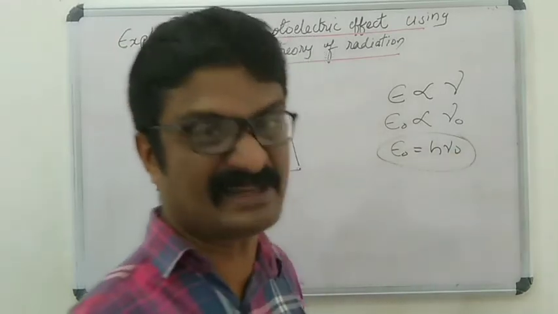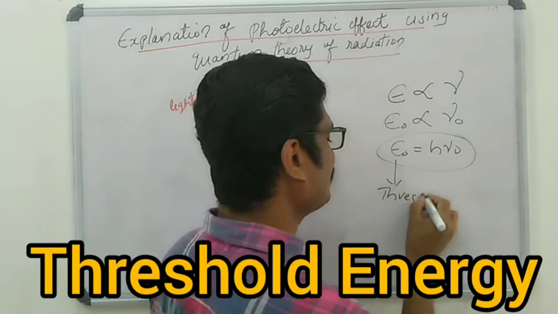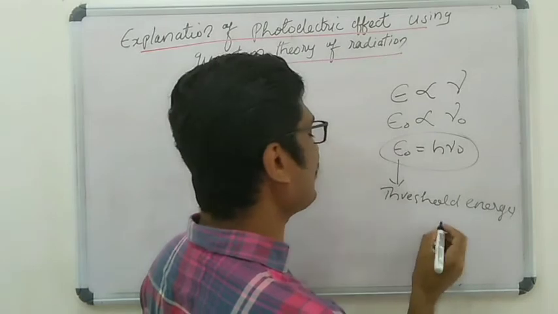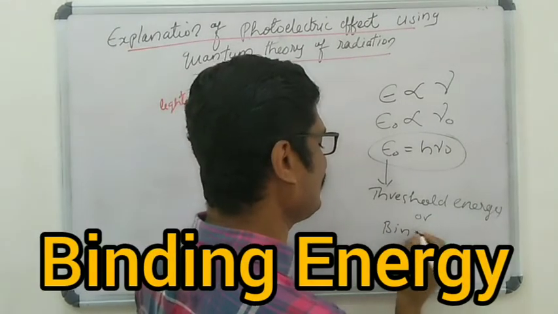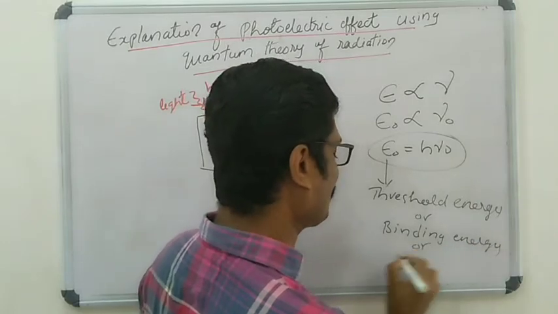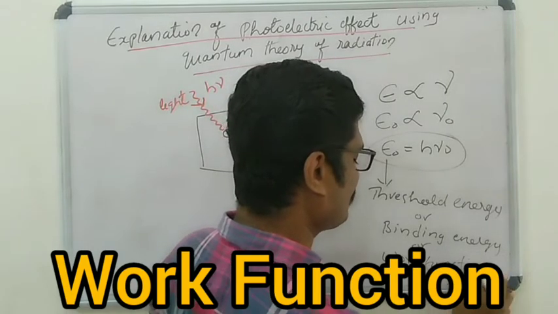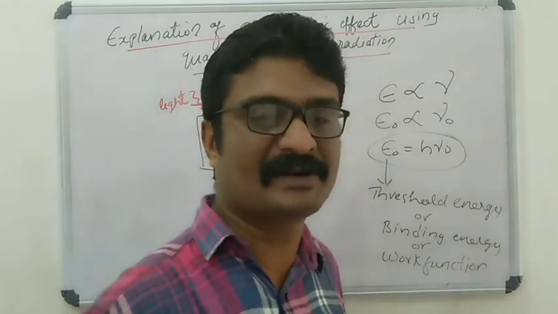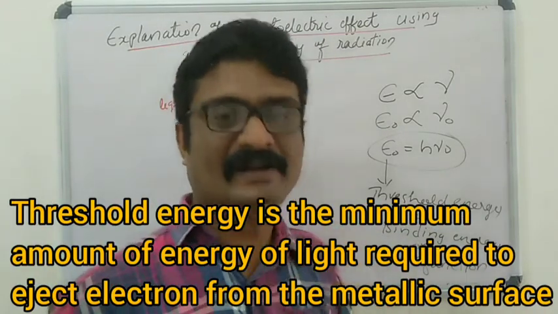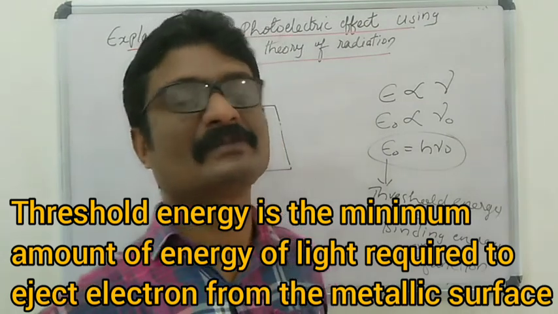This threshold energy is also called binding energy or work function. Then what is meant by threshold energy? It is the minimum amount of energy of light required to eject electron from the metallic surface.